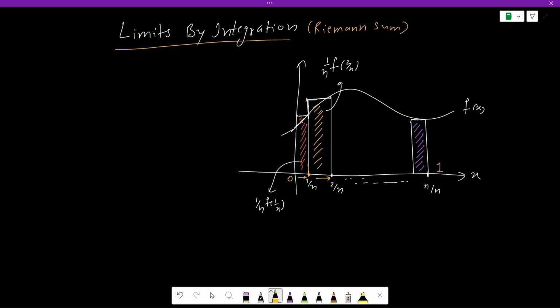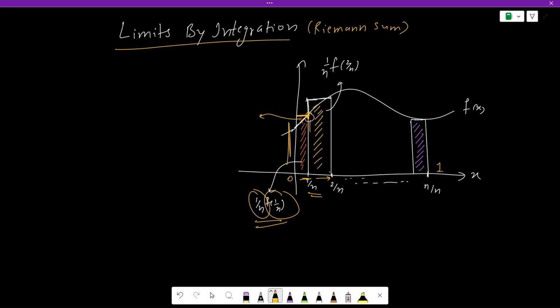The value at 1 by n, that is this, and we create this rectangle. So what will be the area of this rectangle? That will be this thickness, 1 by n, and the height is the function at x equal to this, so that is f of 1 by n, into 1 by n.